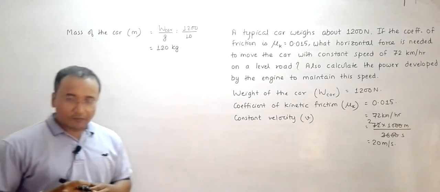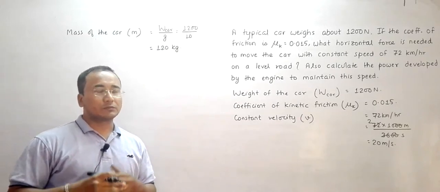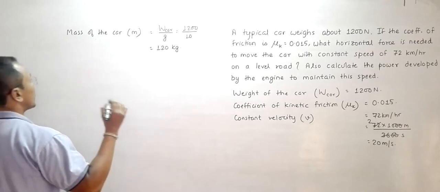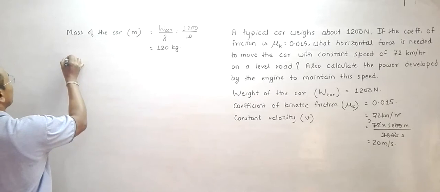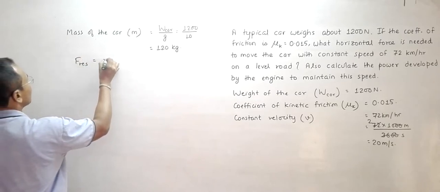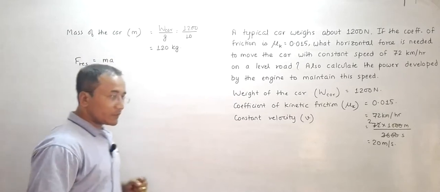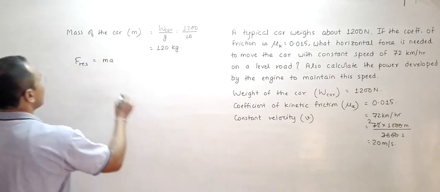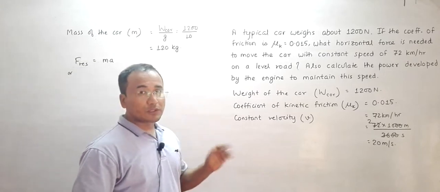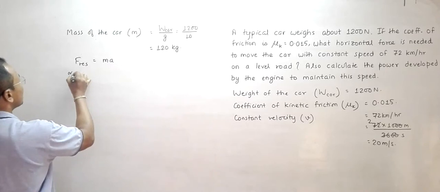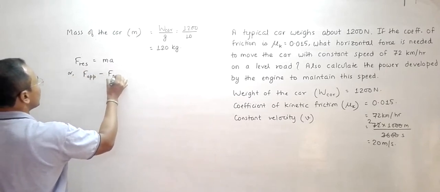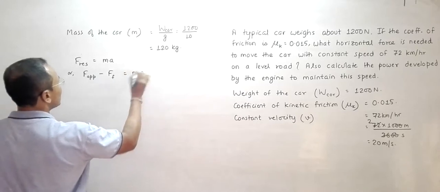Now in the movement of any body on a surface which has certain resistance, the expression for resultant force is equal to mass into a, which is the second law of motion. Here the resultant force is the force applied by the engine minus the force of friction, equal to mass into a.